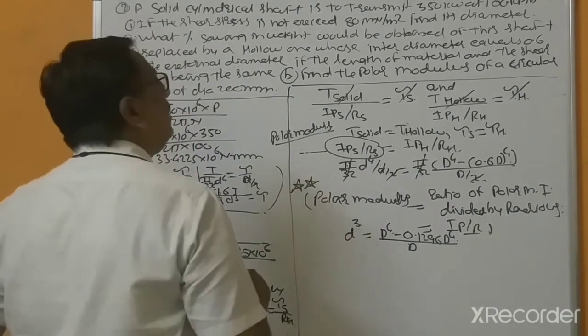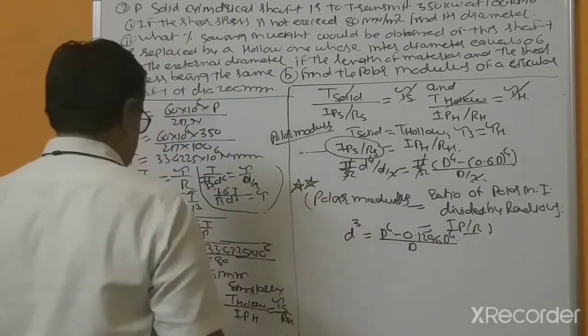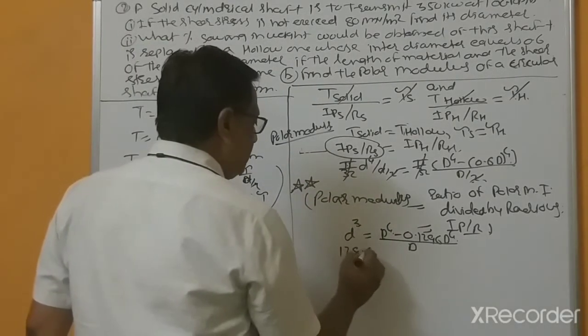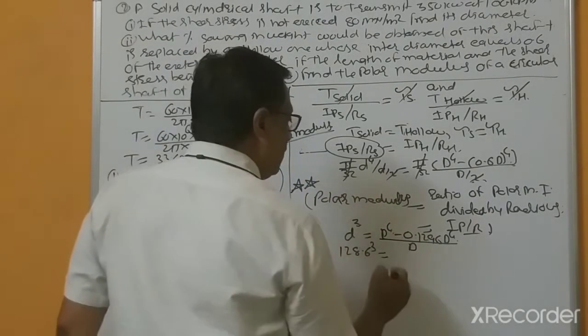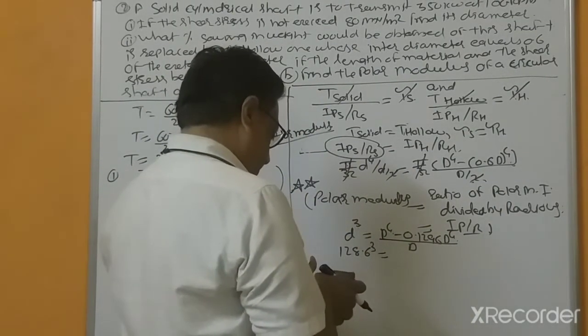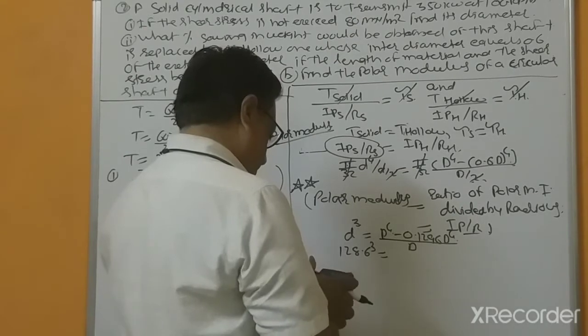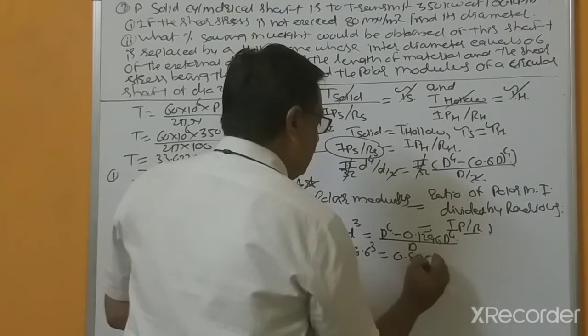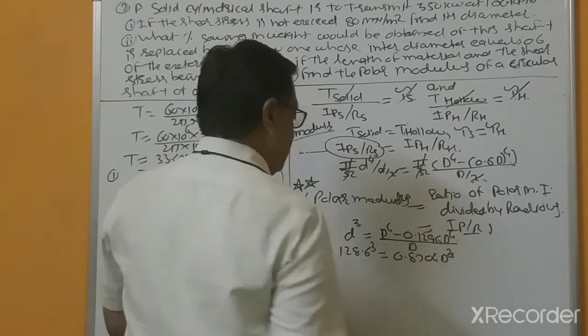So D cube equals how much? We already calculated 128.6 cube, into 1 minus 0.1296, which is 0.8704 D cube.